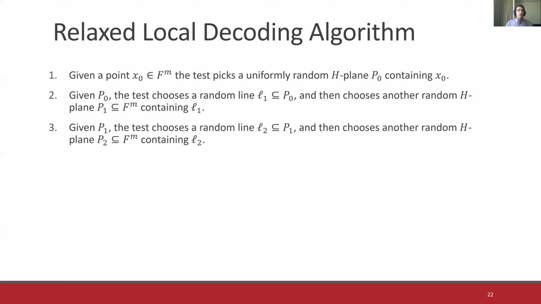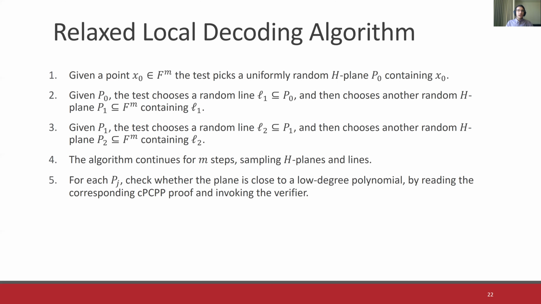Then the test continues sampling these planes for M steps. And at the end, it checks whether these planes are close to their corresponding low-degree languages by reading the corresponding CPCPP proofs and invoking the verifier.